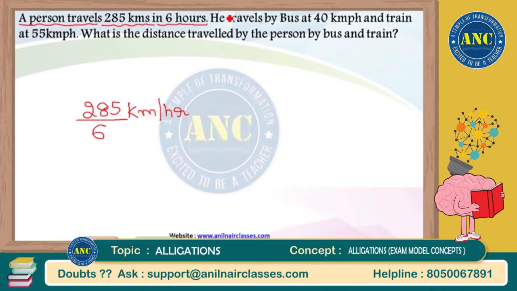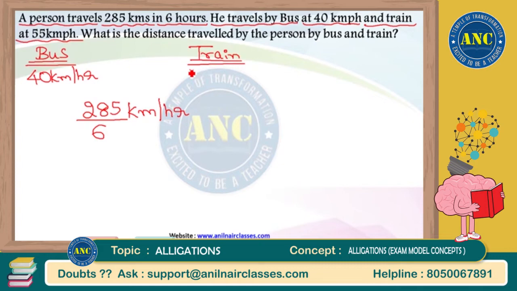Next, he travels by bus at 40 kilometers per hour, and by train at 55 kilometers per hour. Bus 40 kilometers per hour, train 55 kilometers per hour, average speed 285 by 6 kilometers per hour. Now, what is the distance traveled by the person by bus and by train? How much distance he travels by bus and how much by train is the question.